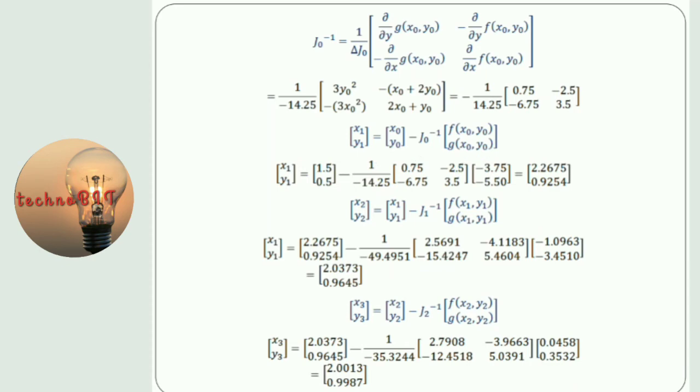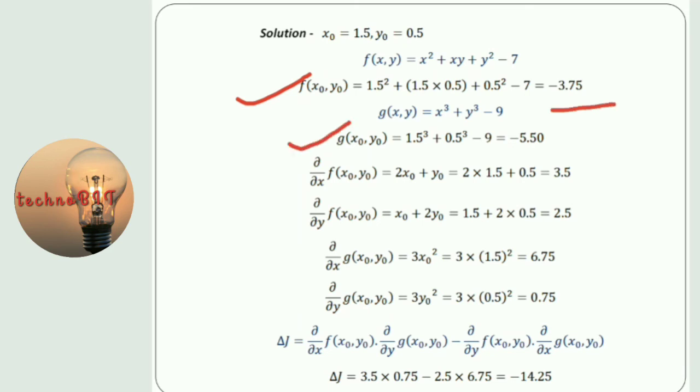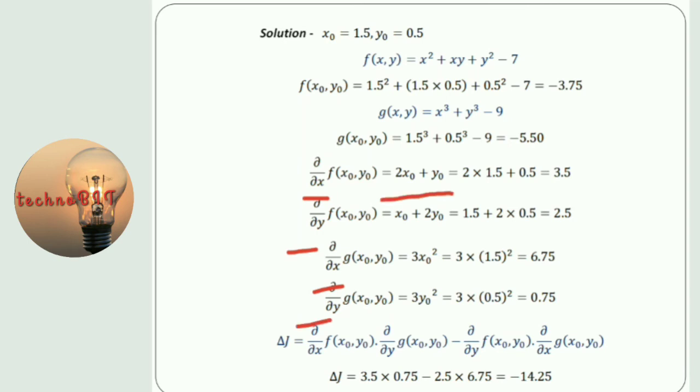The first approximation value is this according to the question. So what is f of x naught y naught? Just putting this value, I got this much. What is g of x naught y naught? Just putting the values, we have got this much. For the Jacobian matrix, I have to get the values of all these derivative functions. These differentials will be written like this. It is a simple differentiation, and by putting in the values we got this answer.